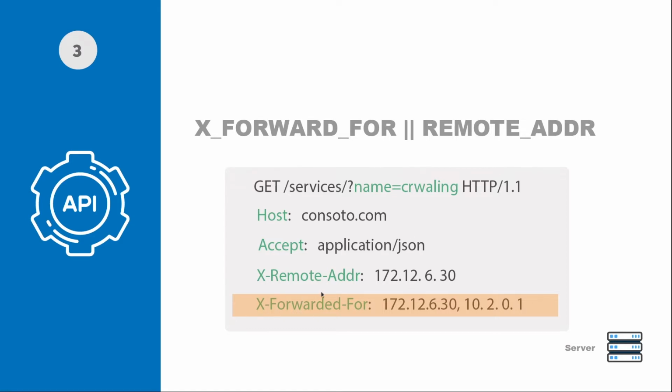As you can see on this particular request, we have a URL, service, query parameter name equal crawling. Crawling here doesn't have an A, of course, that's a mistake from me. We have the host, consulto.com. We have the accept header. We have the remote address, which is optional.